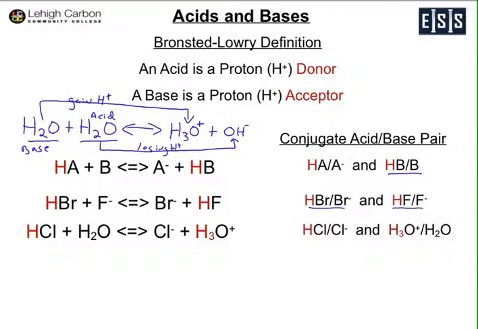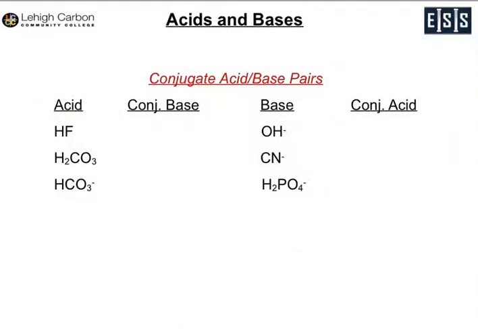Now, one further thing I'd like to show is some of your acid and base conjugate pairs. You'll see a bunch in your textbook. Looking at the acids first, you have hydrogen fluoride. Acids lose an H+, so its conjugate base is the fluoride ion. The next is carbonic acid.